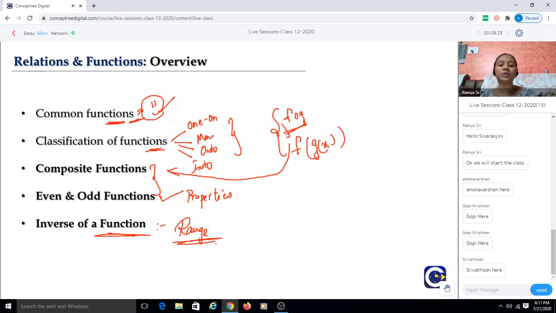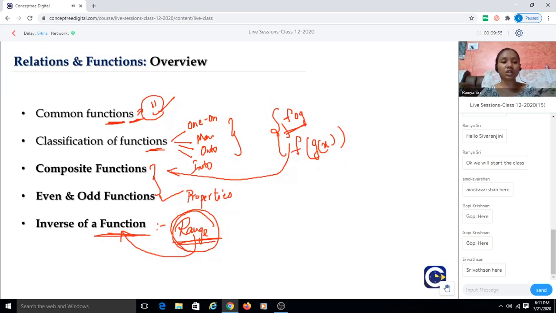We dealt with a few questions where we found the range of some functions. If you remember, we follow the same procedure here to find the inverse of any given function. If you remember, that's fine. If not, we'll discuss it when we get into the topic of inverse of a function.